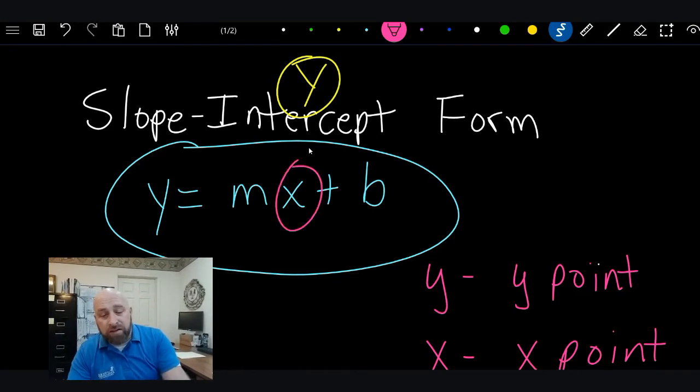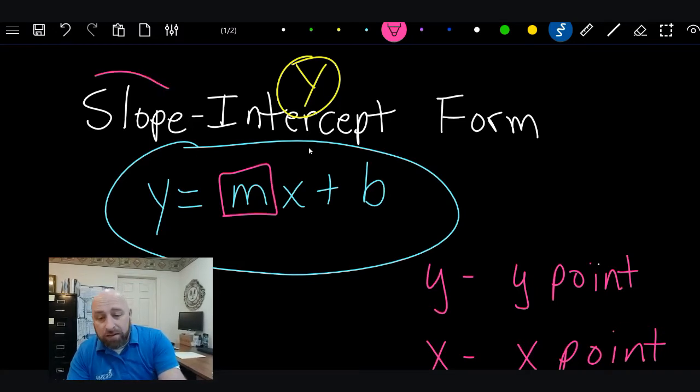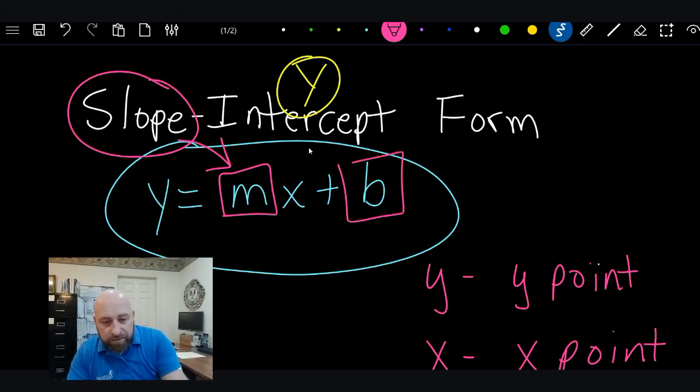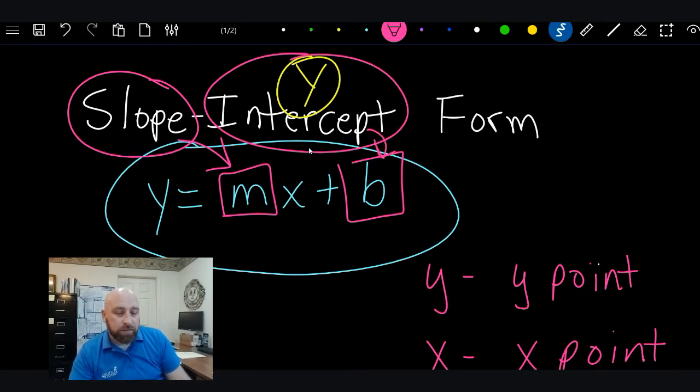The x is the x coordinate point. The m is the slope. This is the important thing right here, one of the important things. Notice how it is slope-intercept form. And then this b is the y-intercept. B is the y-intercept.